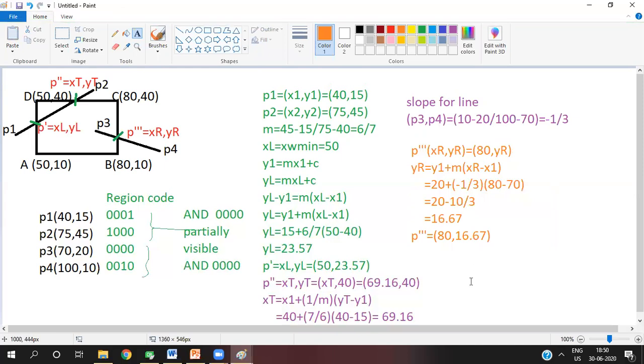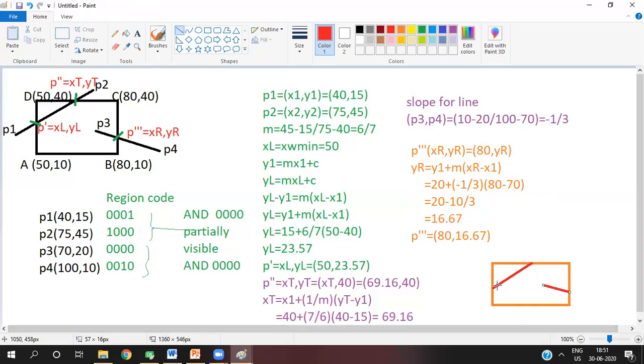So how the diagram will look like, I will redraw it quickly. Fine. This is the window. Okay. Line visible is this much. Yes, and here it is after clipping.